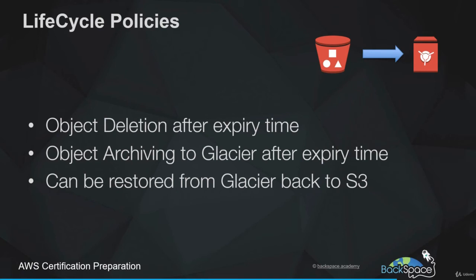I just mentioned previously lifecycle policies for Amazon S3, and that will enable you to migrate your old data across to Glacier. So that allows for object deletion after an expiry time, and object archiving to Glacier after an expiry time. And they can always be restored back from Glacier to Amazon S3.